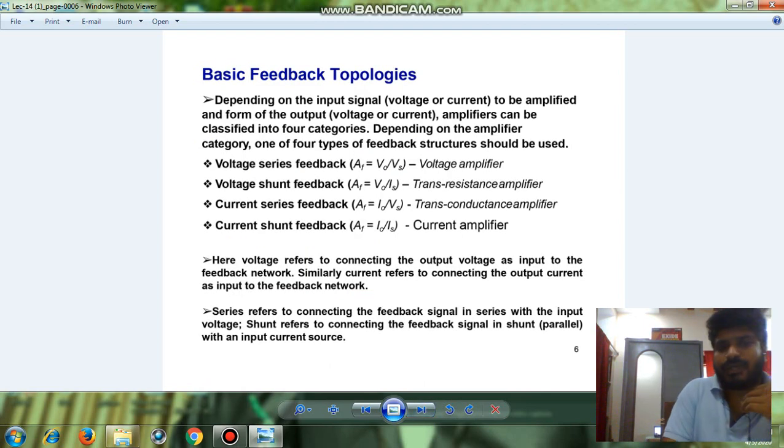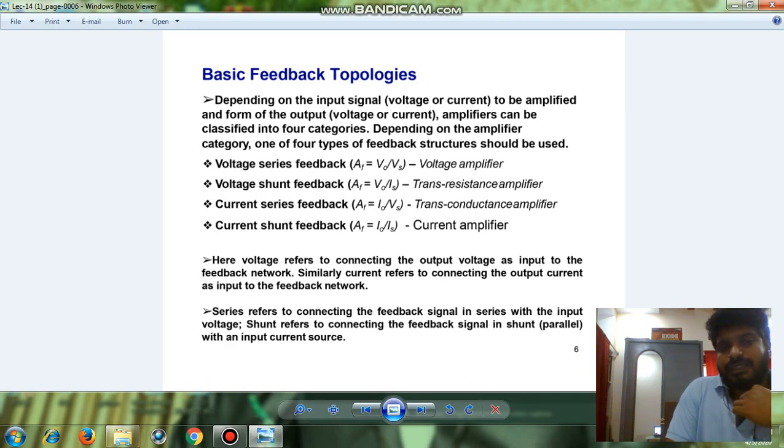Next, the feedback topologies are basically classified into four types: voltage series, voltage shunt, current series, and current shunt. Here AF is given for all the feedback topologies.